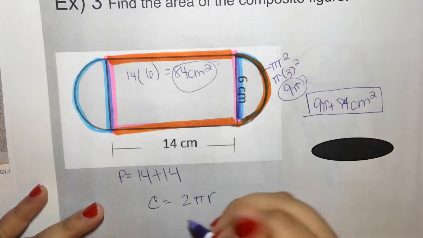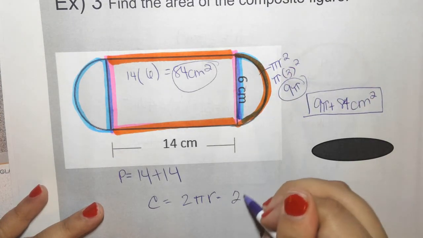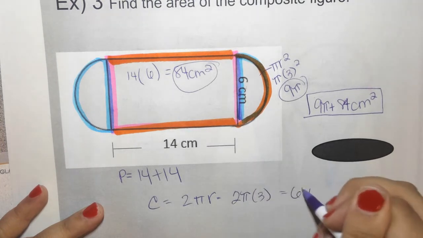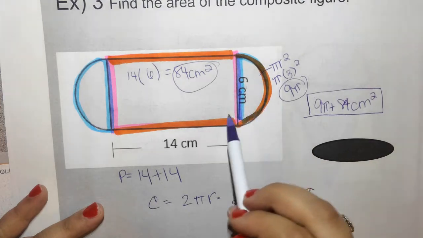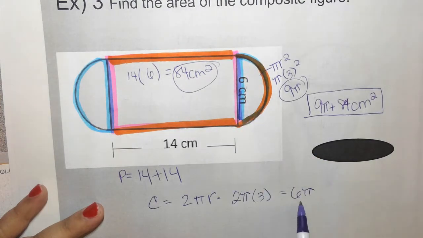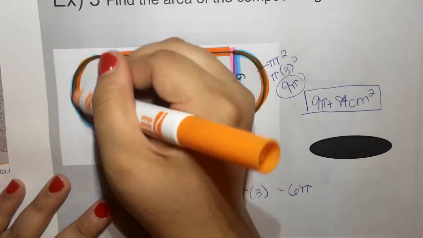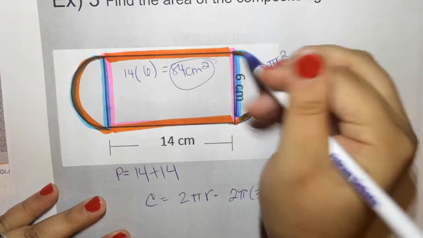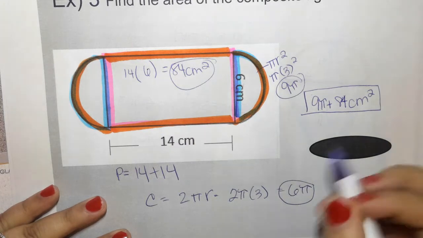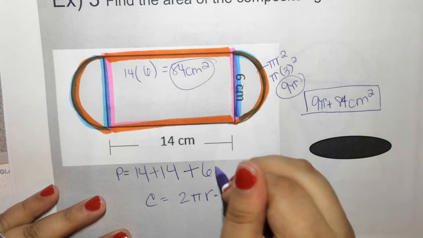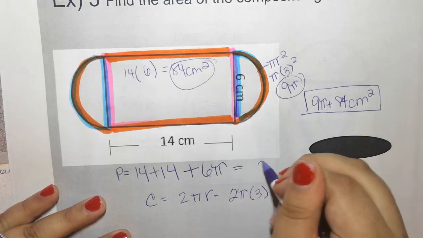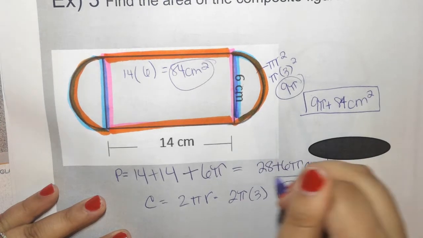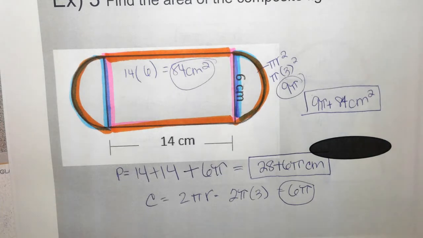Well, if my radius is 3, 2 times pi times 3 is 6 pi. Now, do you agree this is only half a circle? So I could divide this by 2, but I have another one, so I don't need to do that. I can just leave it 6 pi, because technically that makes a full circle. So then 14 plus 6 pi gives me 28 plus 6 pi. And it's perimeter, so it is just centimeters.